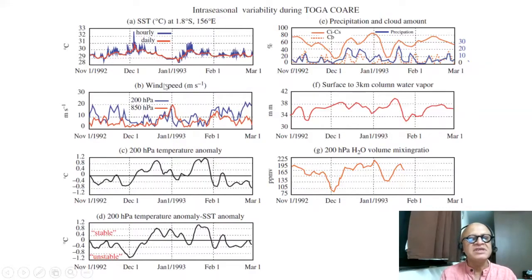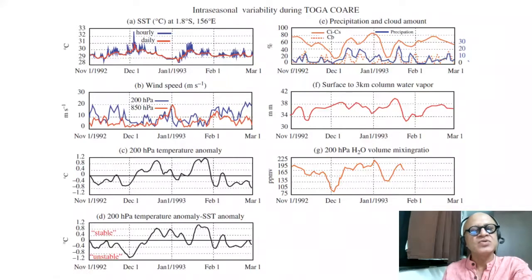And the wind speeds, if you look at the 200 hectopascal and 850 hectopascal, there are times when they are completely different, with the surface wind speeds being very weak and the upper level winds being fairly strong, and sometimes they are both fairly weak, and sometimes they are both fairly strong, as you can see here on these daily and weekly time scales.